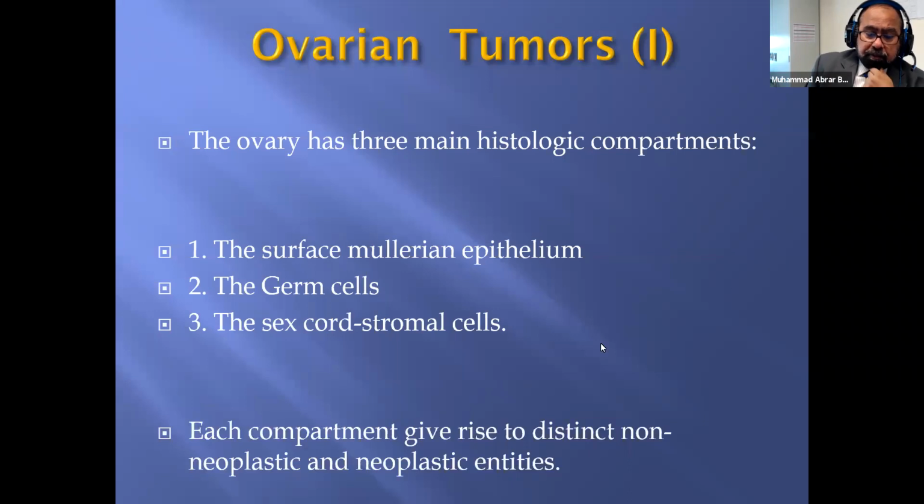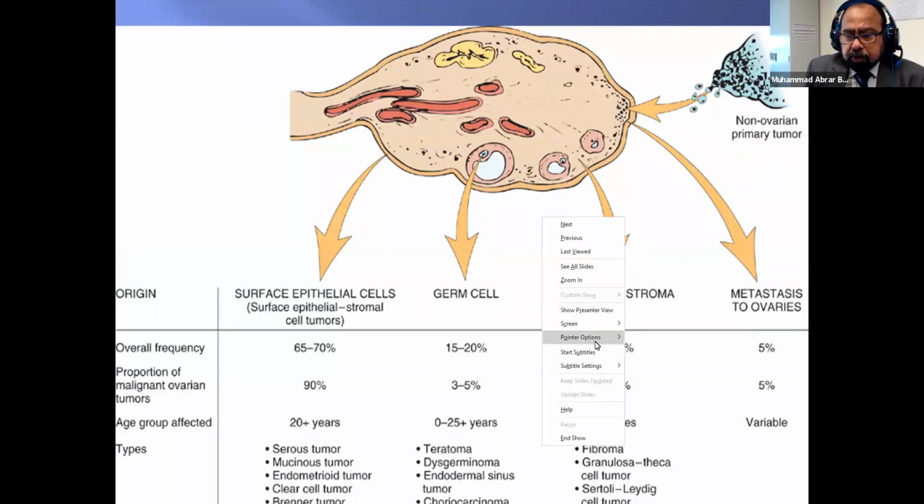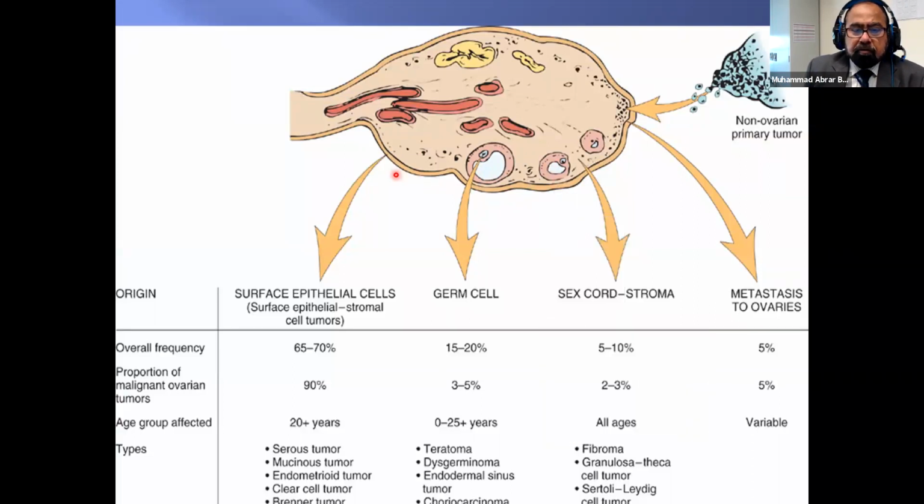Now, each compartment gives rise to distinct non-neoplastic as well as neoplastic entities. So we'll be starting with the non-neoplastic first, and then we'll come to the neoplastic one. Now, this is the ovary, as you see, and it has, as I mentioned, three compartments.